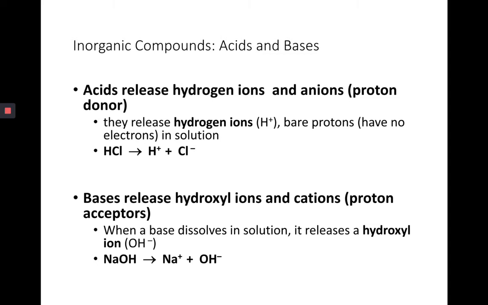The anions are proton donors, whereas the cations are proton acceptors. So they're able to bind or unbind protons, generally hydrogen, which is acting as really just a bare proton because it's lost an electron and therefore is a positively charged atom.